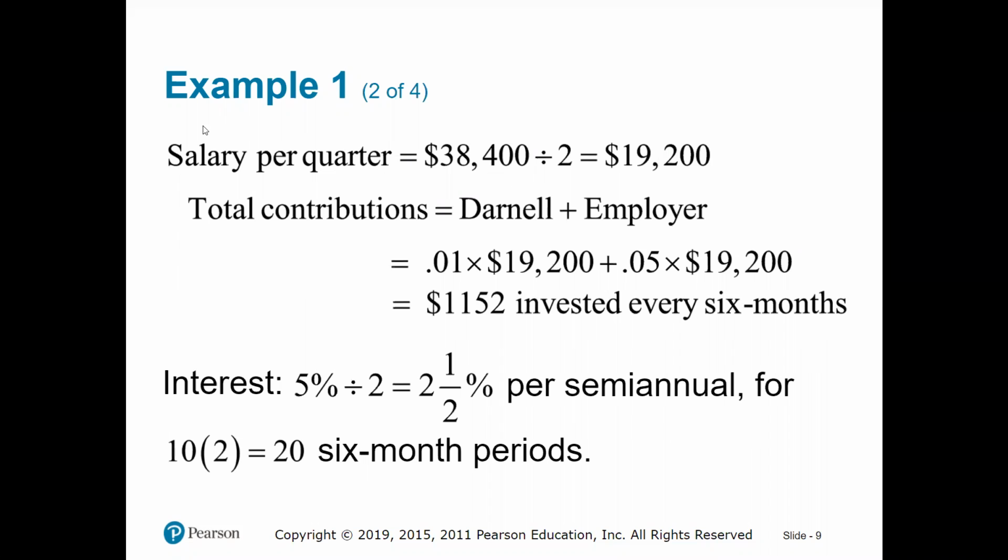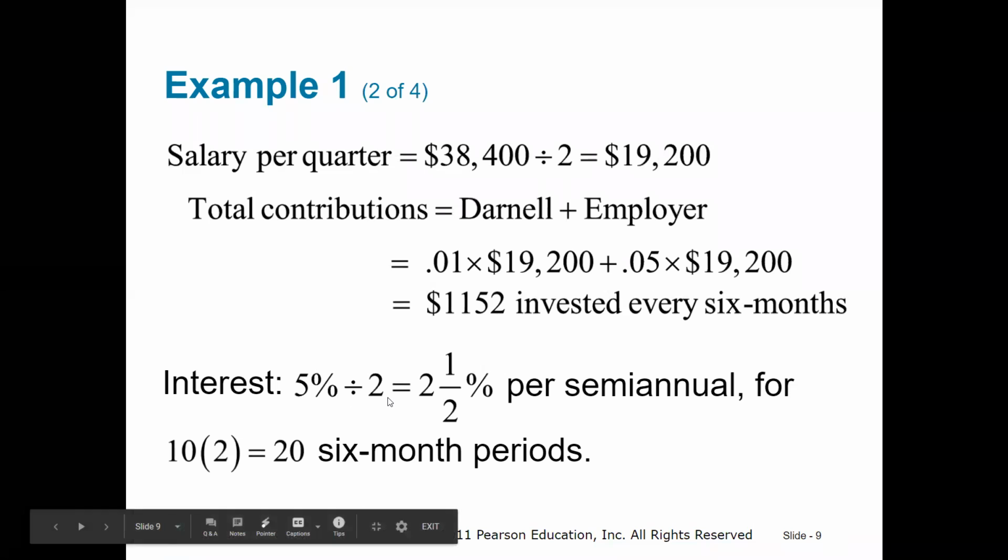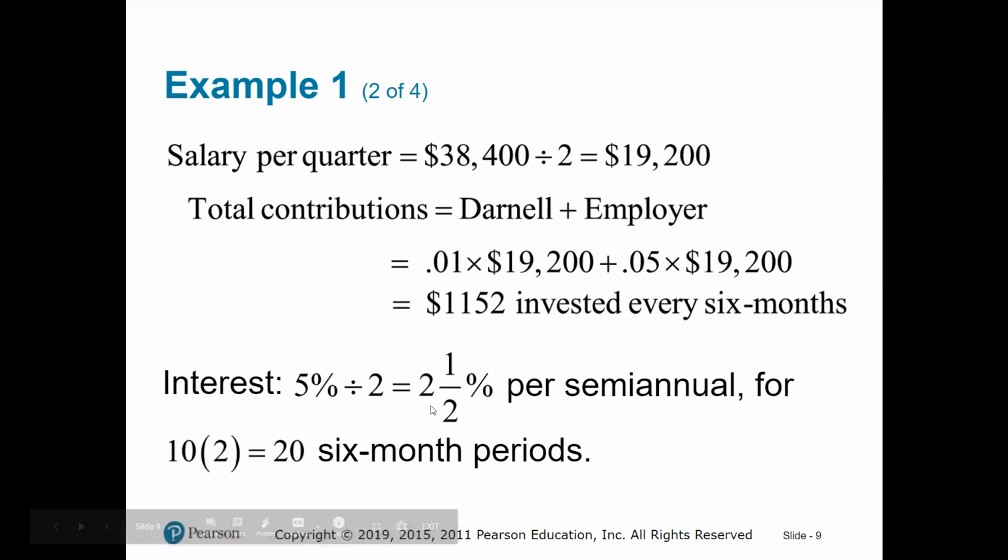Okay, so here's the first option. We have salary per quarter. So he's dividing his salary up. Total contributions are Darnell plus the employer. So then the total going in is 1,152 every 6 months. So at 5%, we're going to divide that by 2 because it's semi-annually, so 2.5% per 6 months.